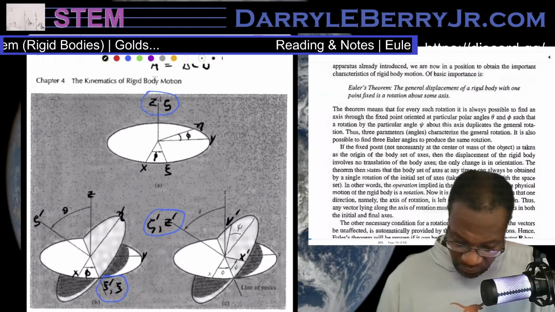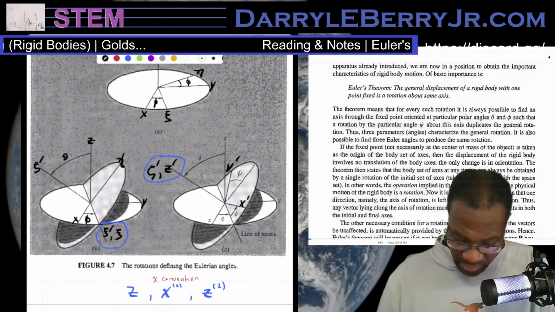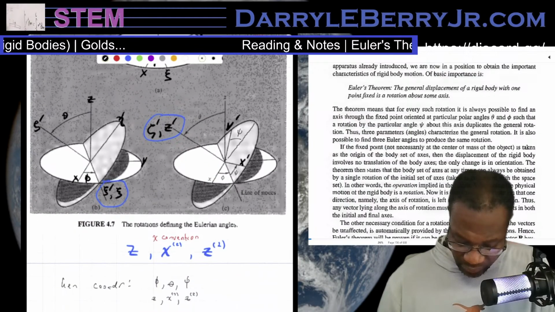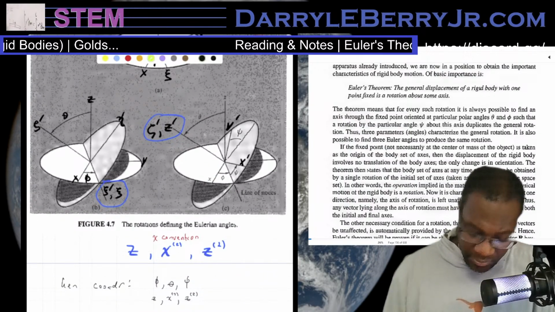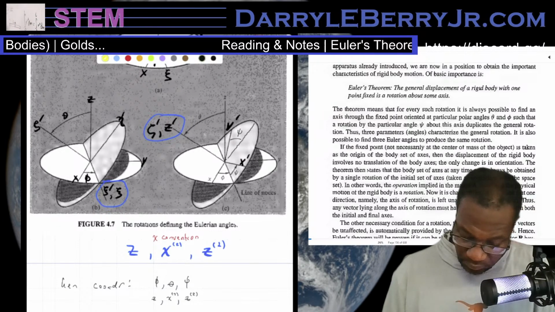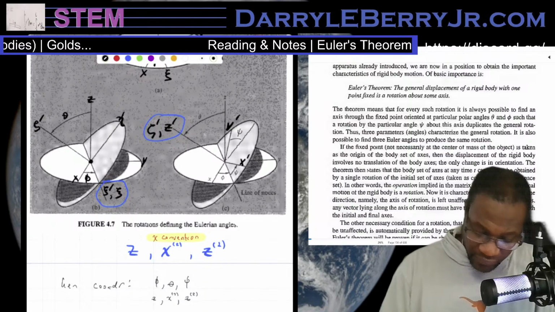So the first angle is about z, the next angle is about the new x, and the last rotation is about the last z. So we're using the x convention in this book. And this would be the fixed point right here.